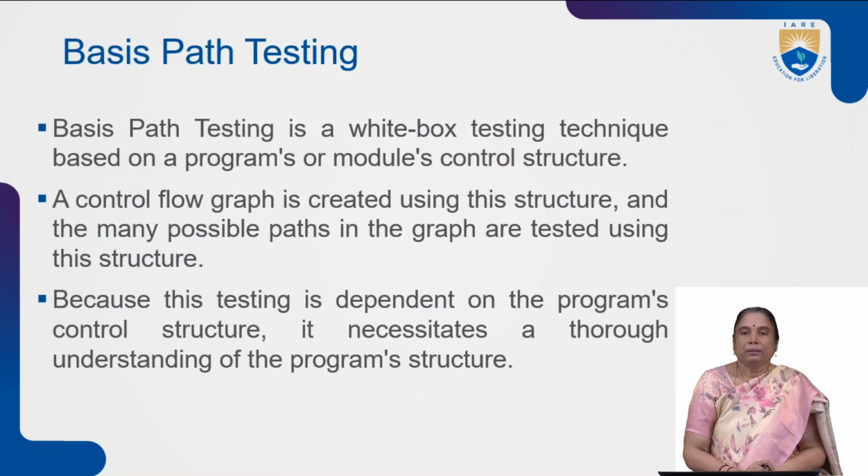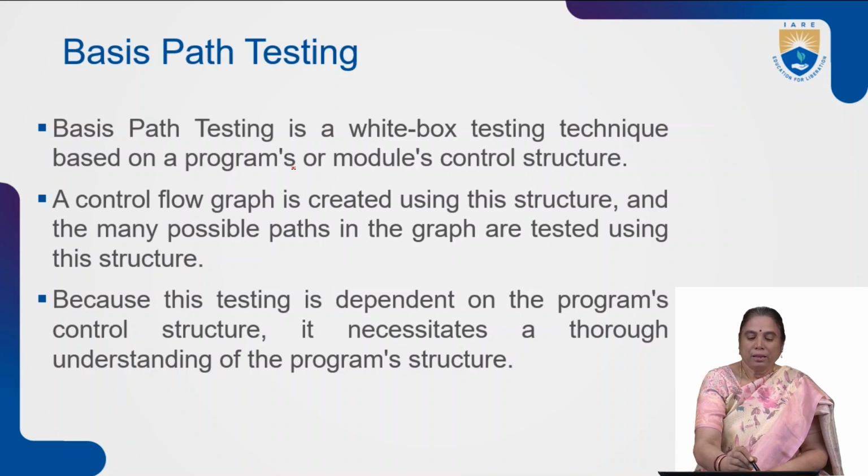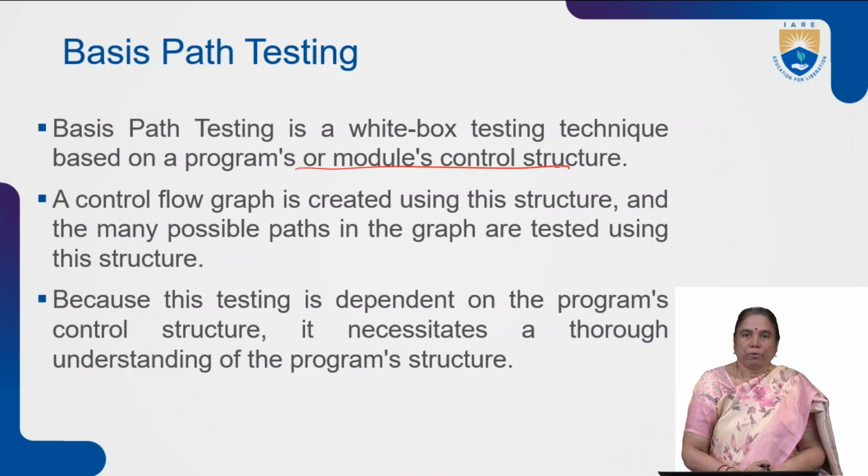Basis path testing is a white box testing technique based on the program module's control structure. The control flow graph is created using this structure, and many possible paths in the graph are tested.